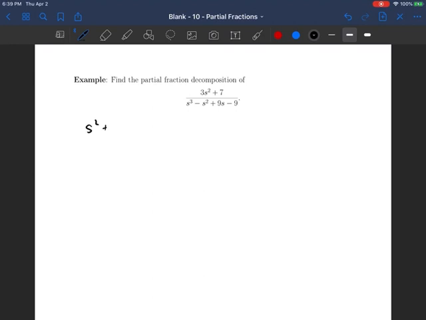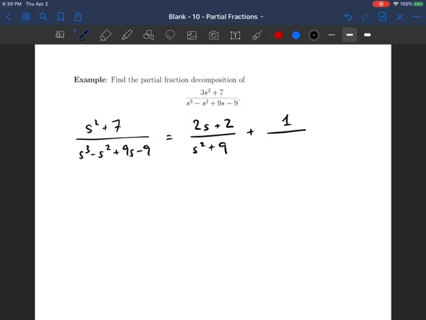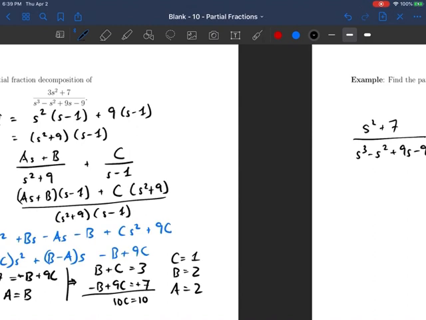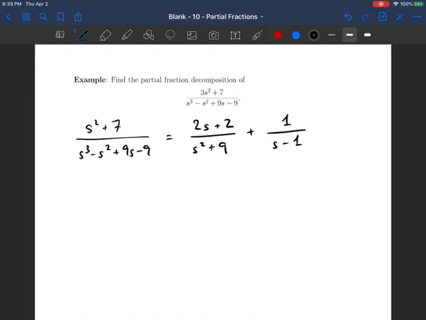So what we get in the end is that 3s squared plus 7 over s cubed minus s squared plus 9s minus 9 is equal to (2s plus 2) over (s squared plus 9) plus 1 over (s minus 1).